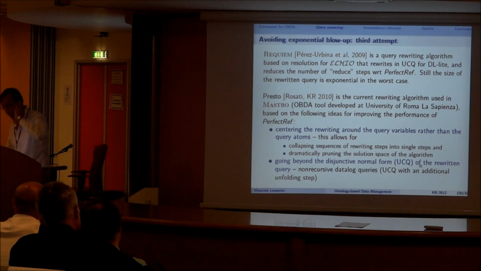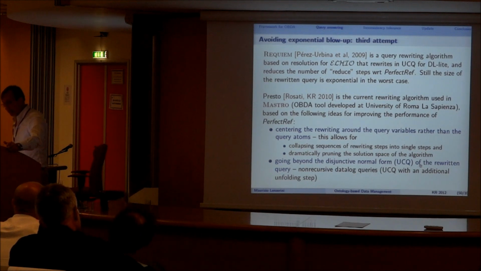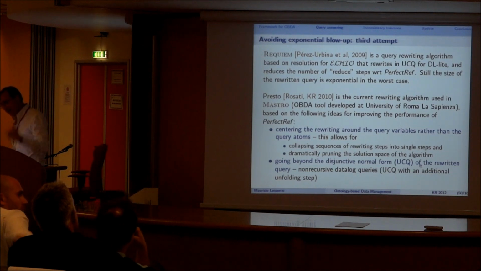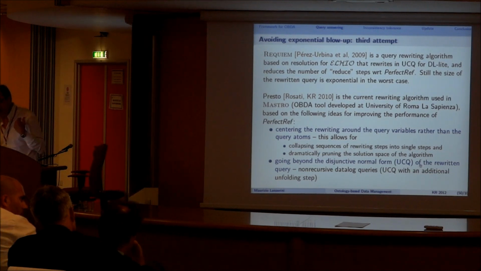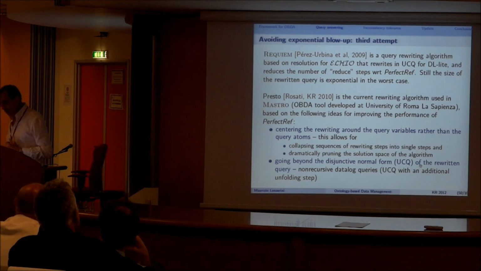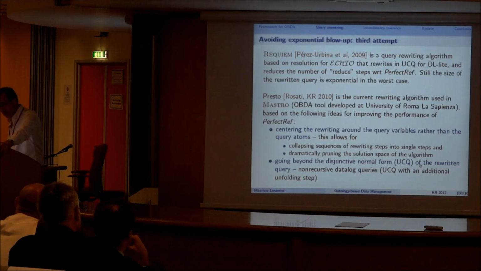That's another algorithm which is much better than perfect ref, because it reduces the number of reduce steps. The reduce steps are one of the causes of this blow-up of the query, and the algorithm nicely finds conditions by which we can reduce them in perfect ref. But unfortunately, the size of the rewritten query is again exponential in the worst case, even in this new algorithm.